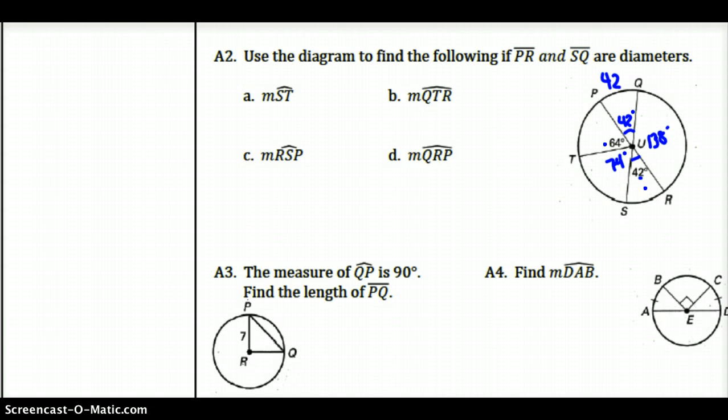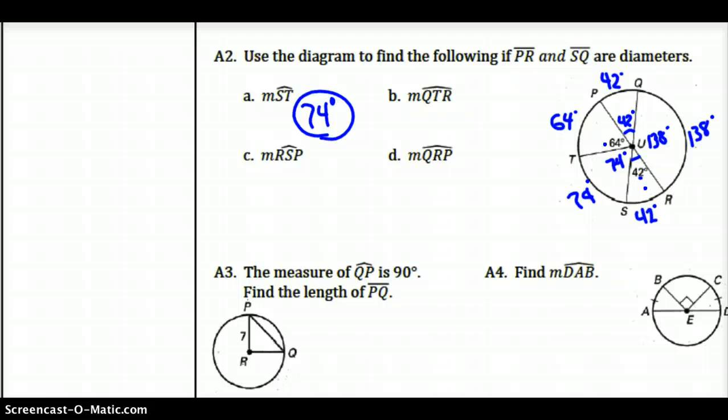And then with those central angles, those are also the arc measures. So I'll just put them out here in the arc location. And now we can simply go through these problems. ST is 74 degrees. QRT is from here to here to here.